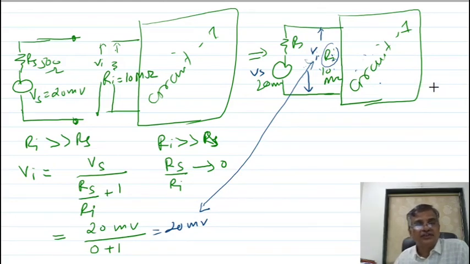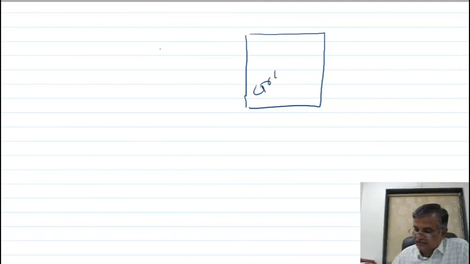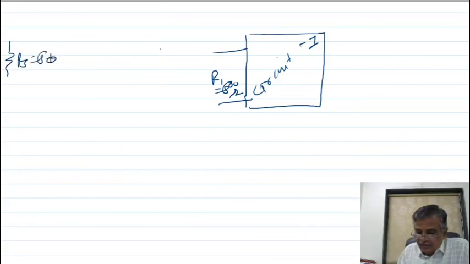Now suppose some circuit does not have very high input resistance. So what will I do? Suppose this is one circuit, circuit number 1, whose input resistance is very low. Suppose this Ri I am taking as 500, but I want to give the signal of 20 millivolt.